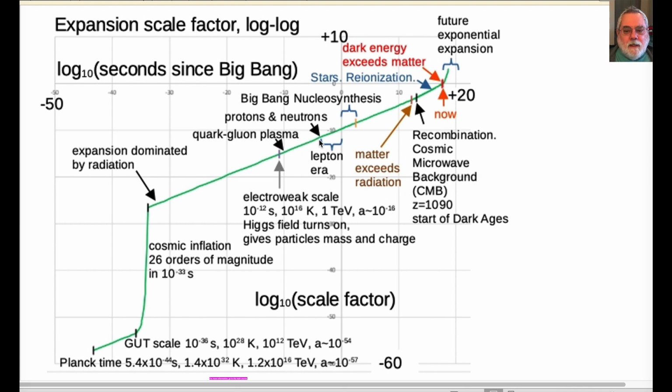Though quarks and antiquarks were believed to have been created initially in equal numbers, comparable to the number of photons, and should have annihilated in equal numbers, leaving 0 baryons in the universe, somehow there was a small residue of protons and neutrons.